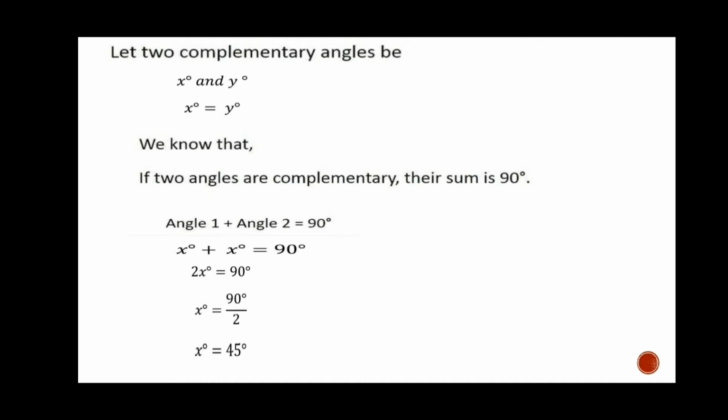So since the value of x degree is 45 degree and x is equal to y also, it means the measure of both the angles is 45 degree. The measurement of both the angles is equal, and hence 45 plus 45 will be equal to 90 degree. I hope children you have understood this question.